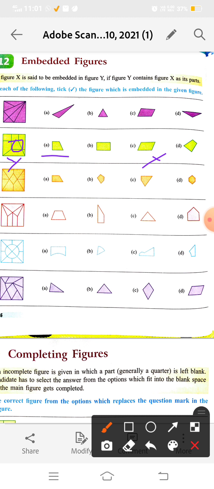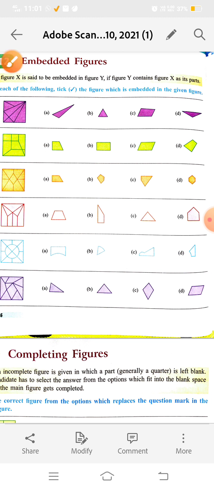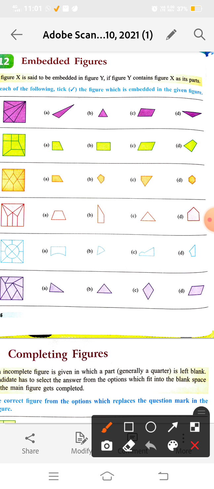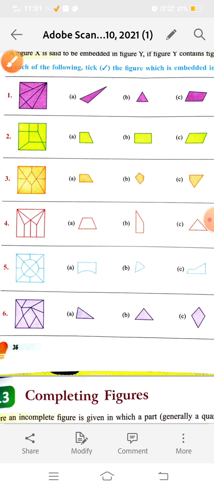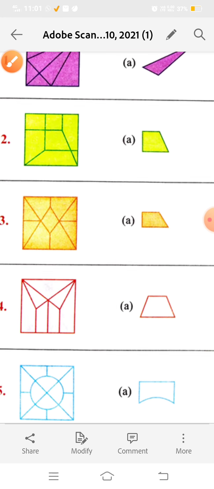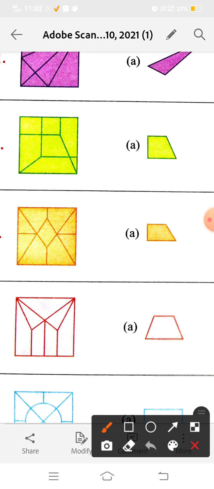Yes, see here is a rectangle and then here is a parallelogram. So I think option A is similar to this portion. So option A is our right answer.